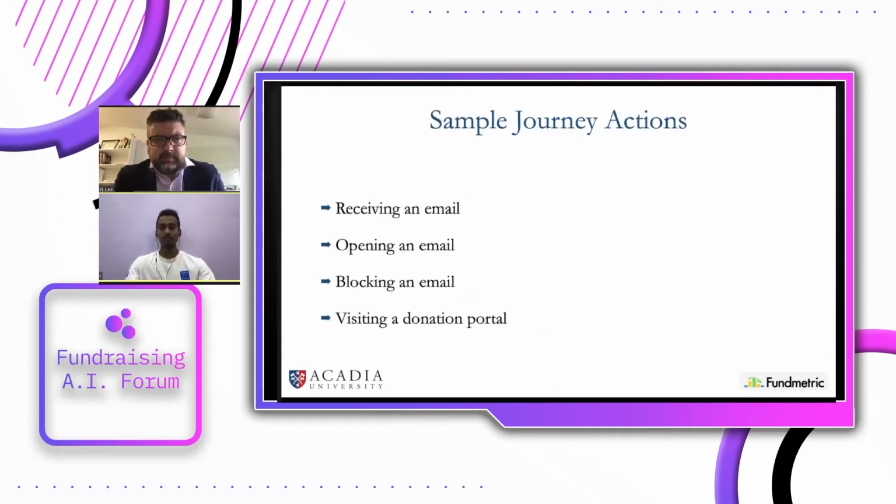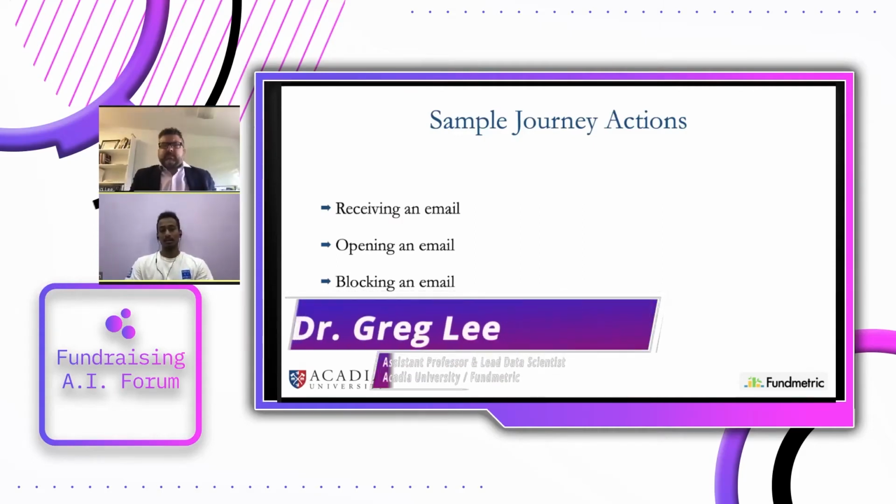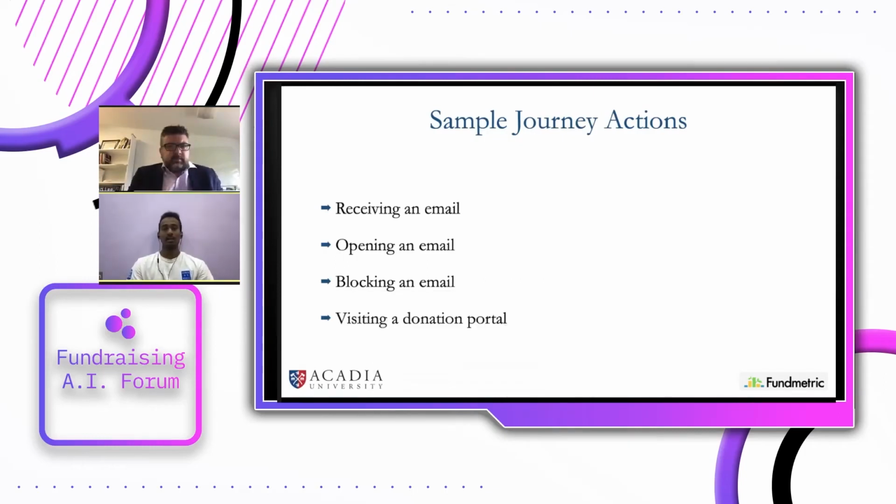Sample journey actions, as seen here, are receiving an email, where the constituent has to be sent an email, and this is generally the only action controlled by the charities. The next one is opening an email. If a constituent did not open an email, they have to be left alone, and we do not send them more and more emails.